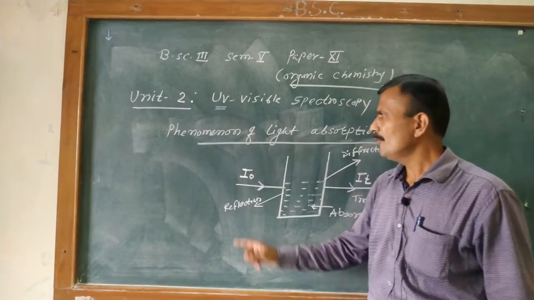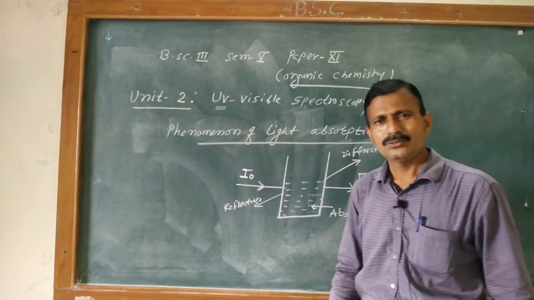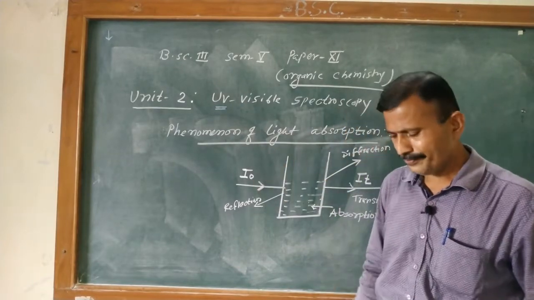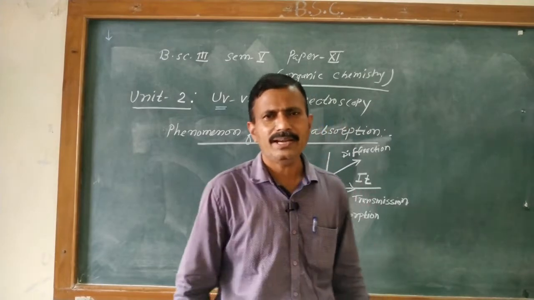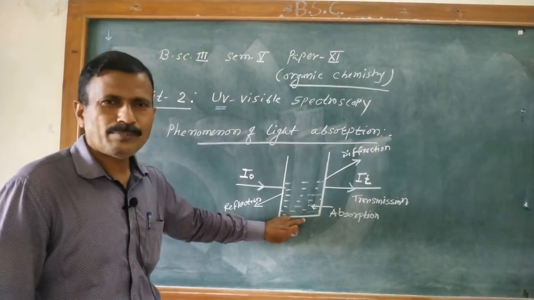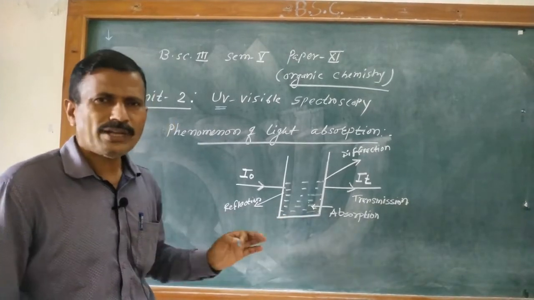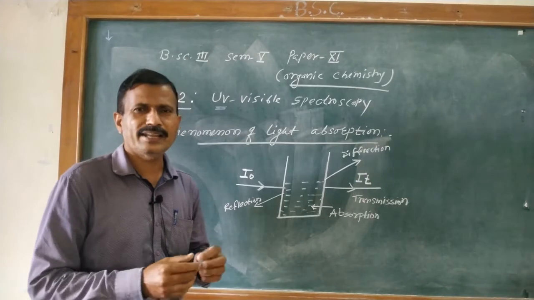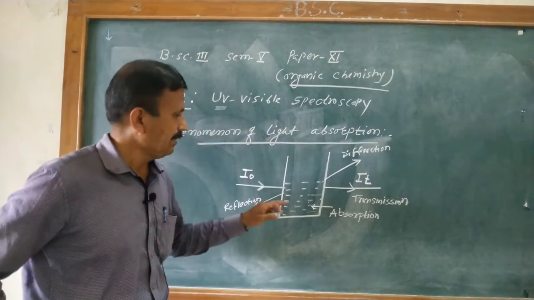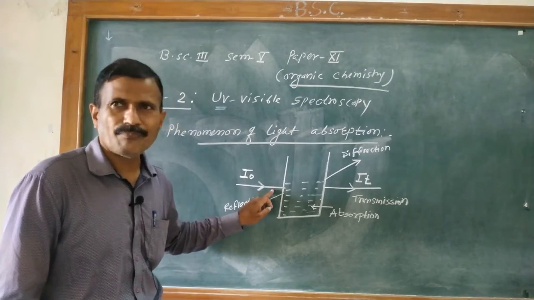Now we will discuss the phenomena of light absorption. When we interact UV visible light with the absorbing solution or analyte, what sort of changes take place in the intensity of incident radiation?